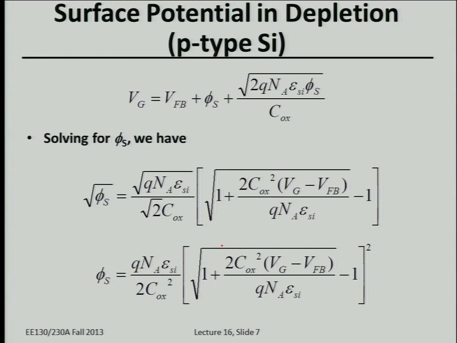So bottom line, the only reason to look at this equation is to see, as you increase the gate voltage above the flat band voltage, how effectively you are changing the voltage drop in the silicon. So basically, I had a little demo here.